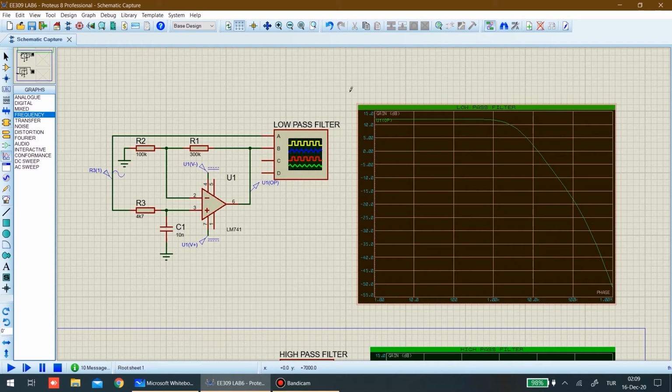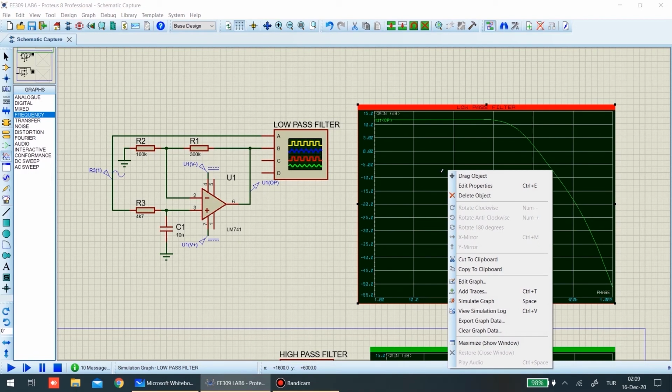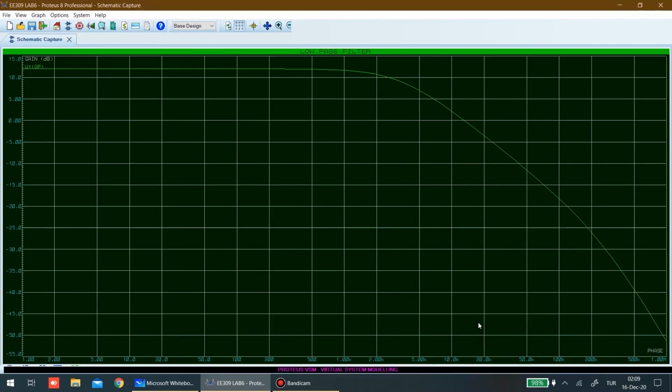What does this Bode plot say? Right click, maximize. Now here's our cursor. Here we can see the frequency and the gain. The gain is 12 dBs.